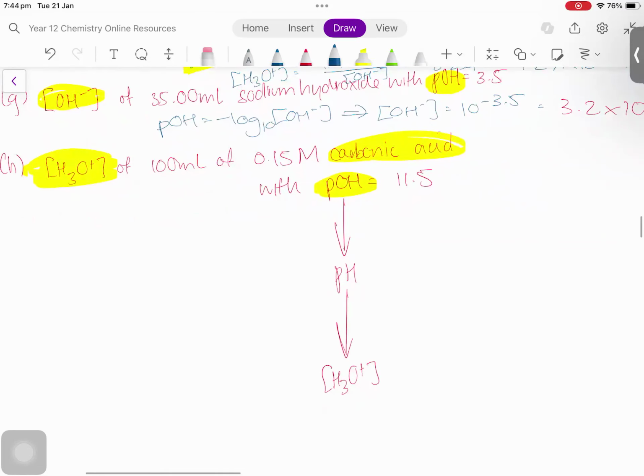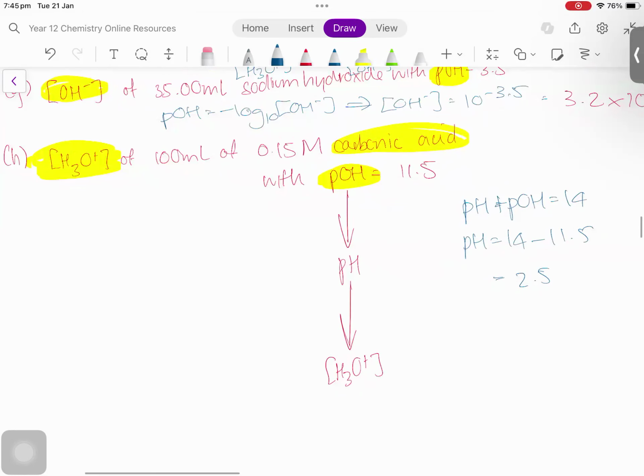I'm assuming 25 degrees Celsius, since they haven't given you enough information about a different temperature. Anyway, we'll do that right after this. So pH plus pOH is equal to 14. So pH is 14 minus 11.5, which is 2.5. And then for H3O plus, I'm just rearranging the pH equation, 10 to the minus pH.